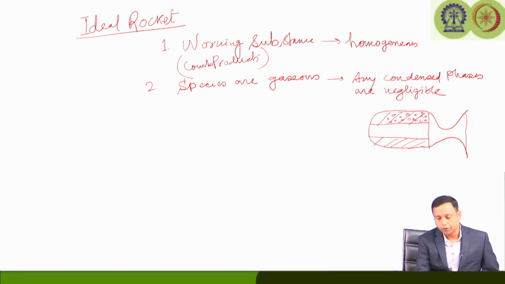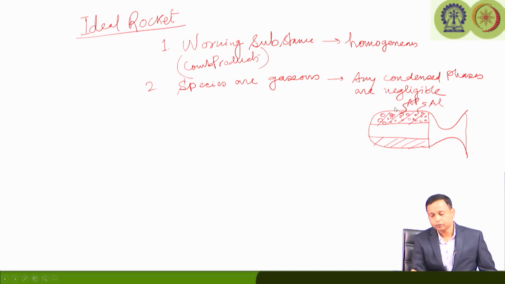It must have the oxidizer crystals. So, if we consider these are aluminum particles, the bigger ones are ammonium perchlorate crystals, and they are bound together with the help of the HTPB or the polymer. So, once they burn, they will create the combustion products which will go and expand in the nozzle.